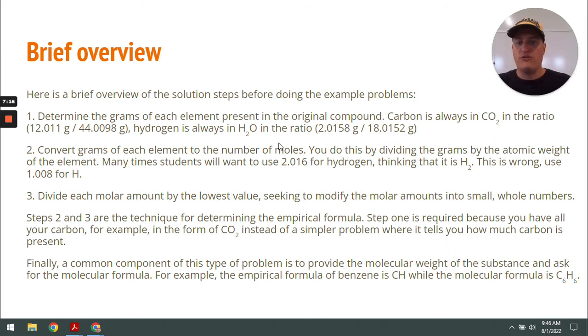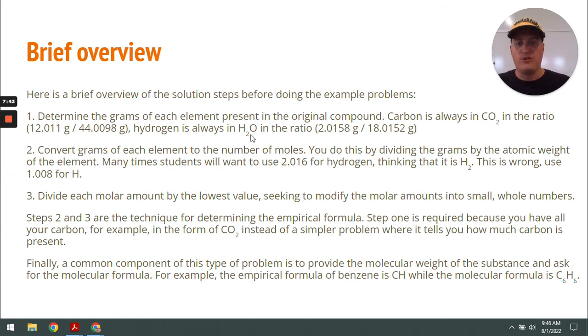You would use these to go from your grams of CO2 and H2O to how many grams of carbon and hydrogen you had. Now be careful that you use your 1.008 to get your number of grams for the element itself, because this is H2.